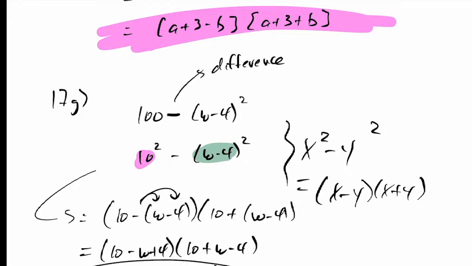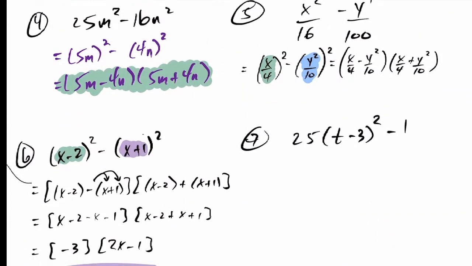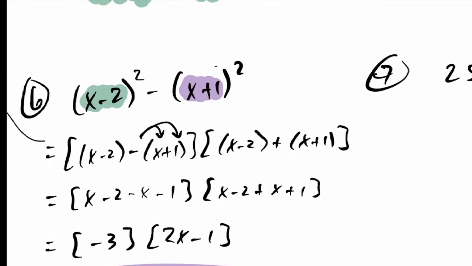And now that's 17G here. All right, German wanted 6. Here's 6 right here. And we've got 17f after.